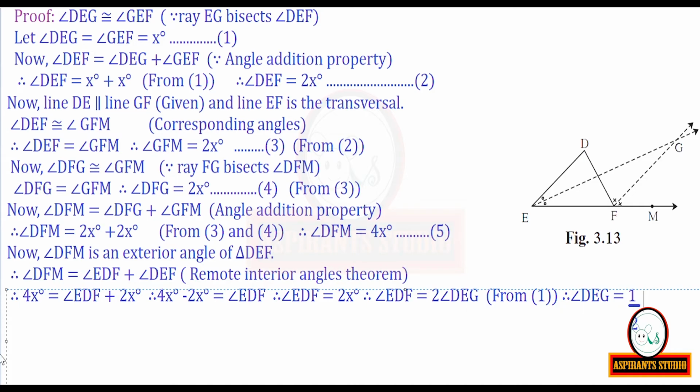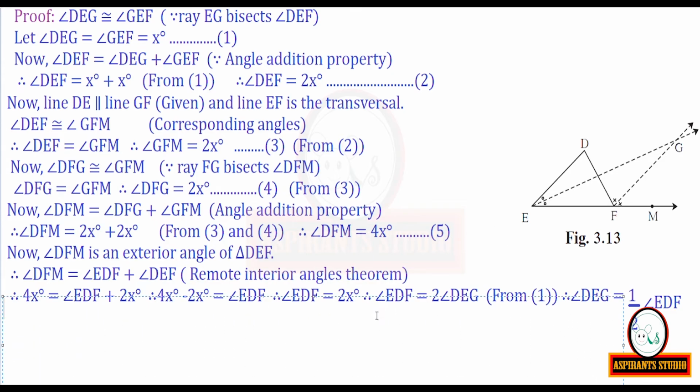Now, you have to prove now EF is equal to FG. So what you are going to do? Take line DE parallel to line GF, that is given, and line EG to be the transversal. Now look at the figure. You get angle DEG and angle FGE to be alternate angles.